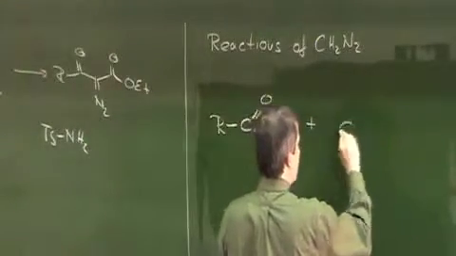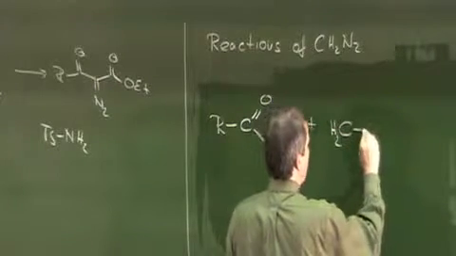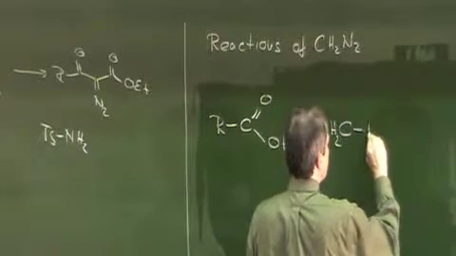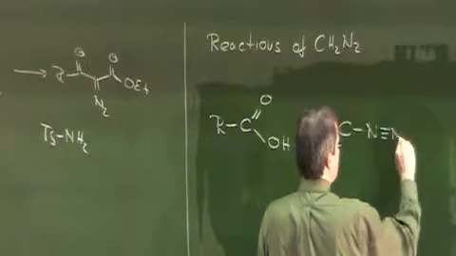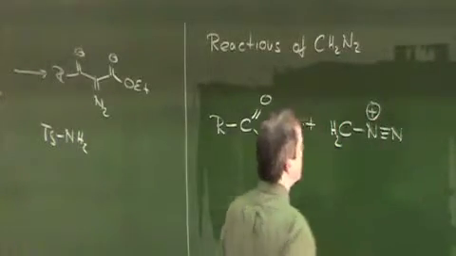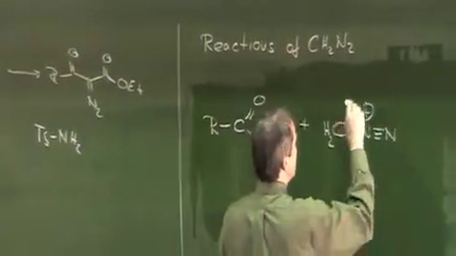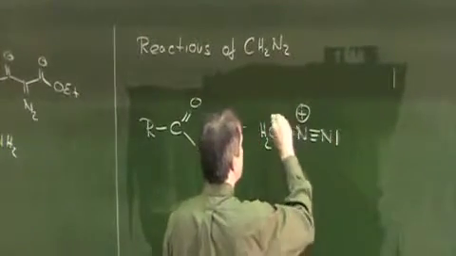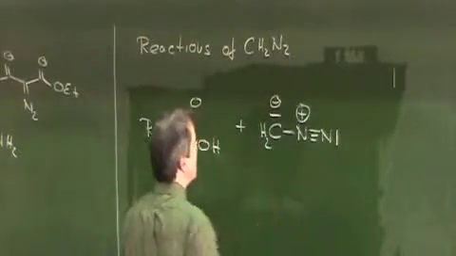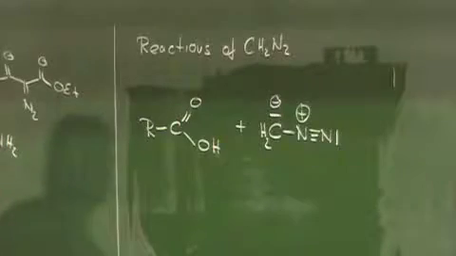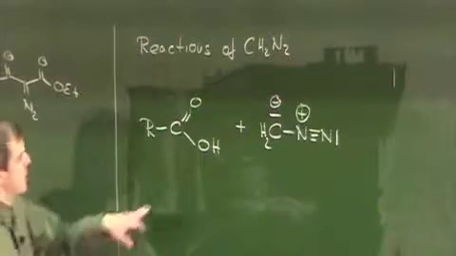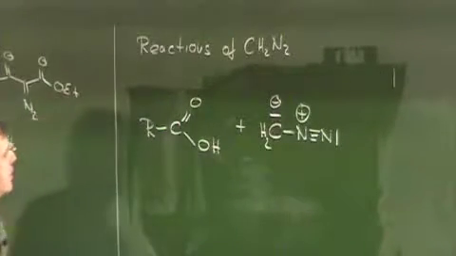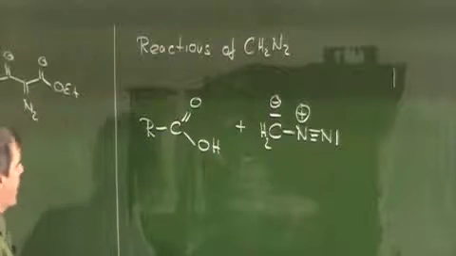Treating carboxylic acids with diazomethane is a very good and mild way to do an esterification with carboxylic acids.